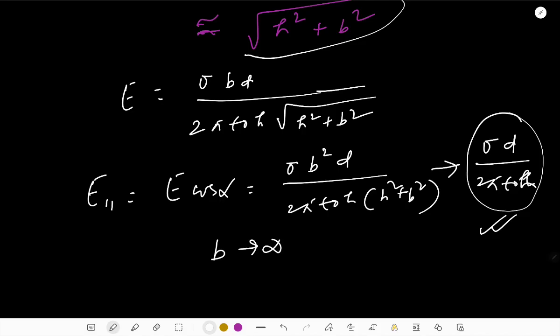But that is a long way to solve this problem, lots of mathematics. And if you use approximation, you will get it early and easily. So thank you very much for watching.